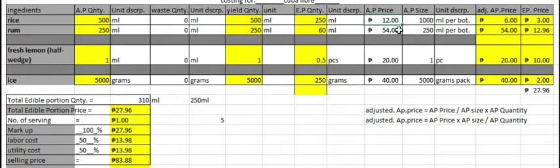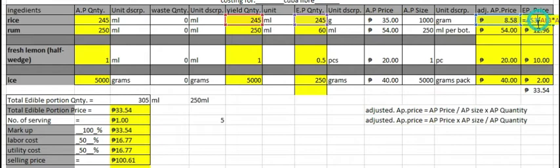Per kilo it costs 35. So this is the formula.